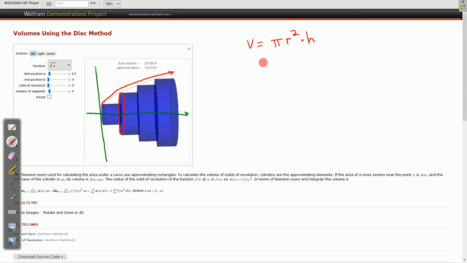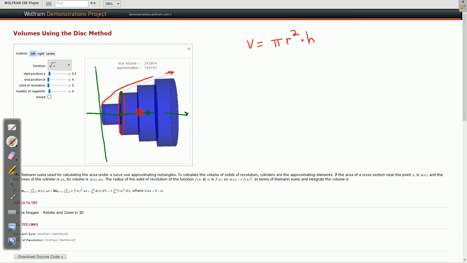So if we need the radius, that will be the distance from here to here. Or for a bigger cylinder, from here to here. Actually, I'm going to draw that in a slightly different place.